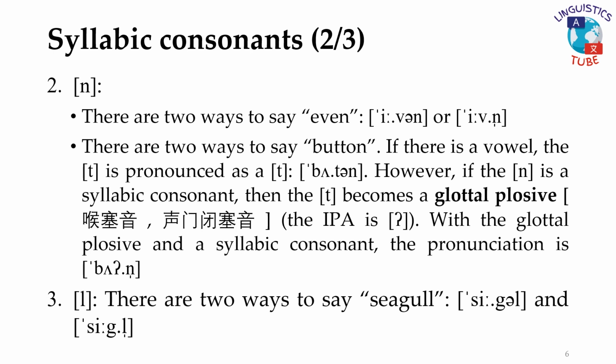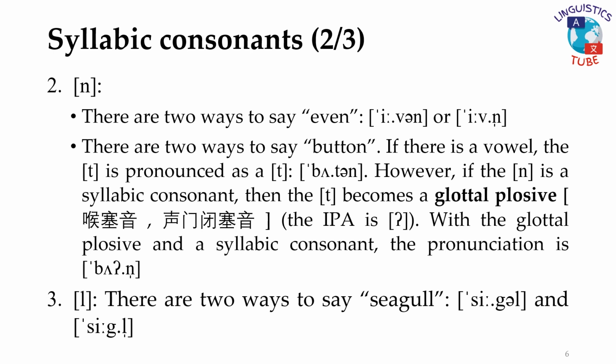Another example for n is button. If there is a vowel between the 2 final consonants, then the t is pronounced as a t. Button. However, if the n is a syllabic consonant, then the t becomes a glottal plosive.